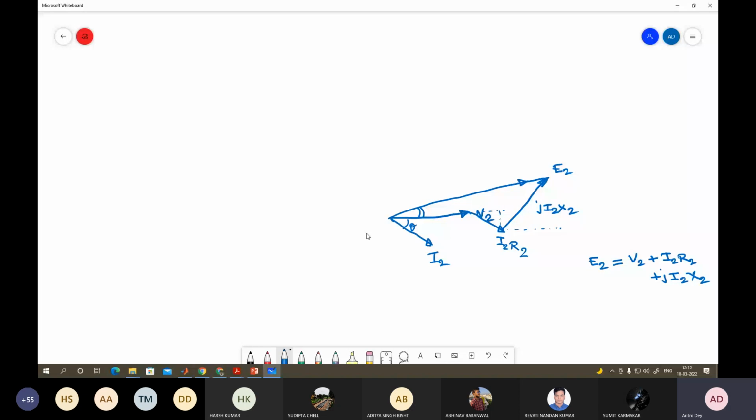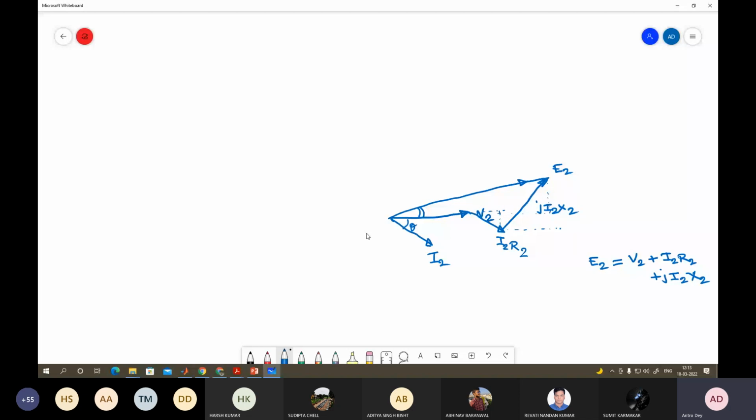So you get I2 R2 cos theta plus I2 X2 sin theta, and that is equal to this drop. So you know the values of V2, I2, X2 and R2, and you know the value of E2, so you can get the angle between them.